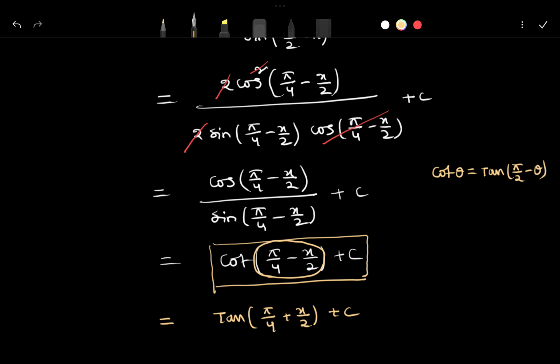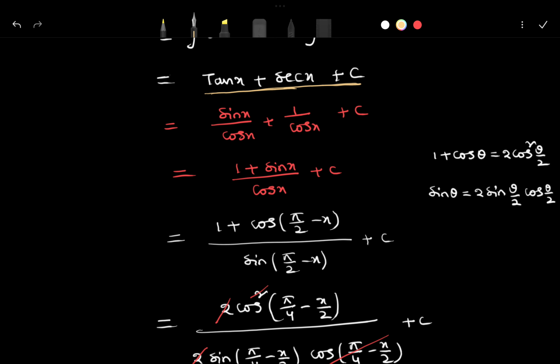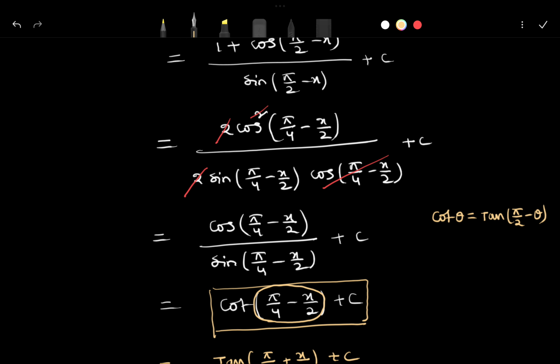So your answer in terms of tan will be tan of (pi by 4 plus x by 2) plus c, in terms of cot will be cot of (pi by 4 minus x by 2) plus c, and in terms of tan and secant will be secant x plus tan x plus c. So these are the multiple ways you can find your result.